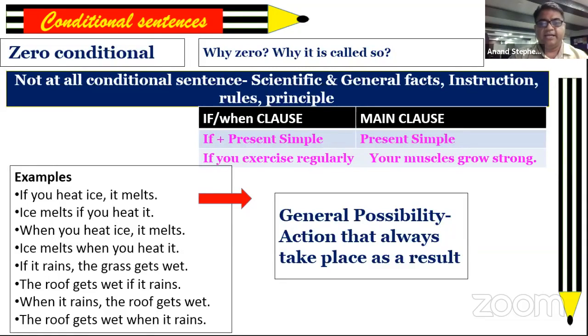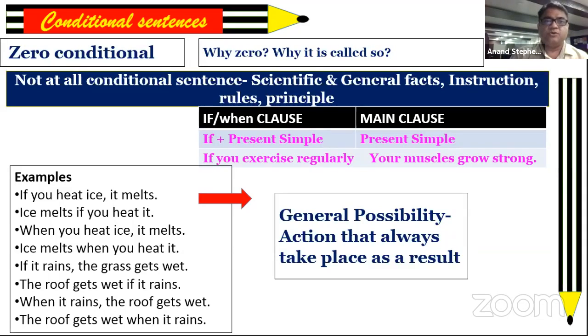They indicate general possibility, the action that always takes place as a result of some cause. Something happens, and due to that something, another thing happens. And that happens naturally, scientifically, generally, as a rule, as a principle.